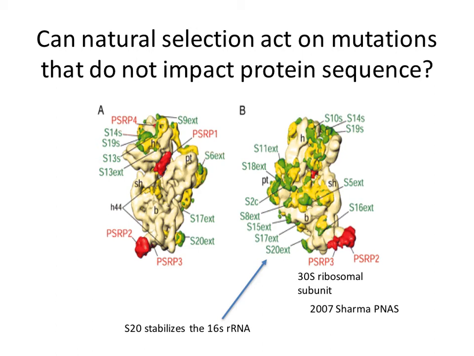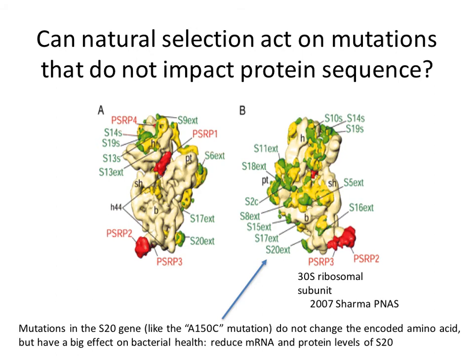Okay. But it had been found, again, earlier than this paper, that there were certain mutations in that protein, the S20 protein. The one that these authors focused on is called A150C. Remember, that means that the 150th nucleotide is usually A, but this mutation makes it a C. That changes only the nucleotide sequence.